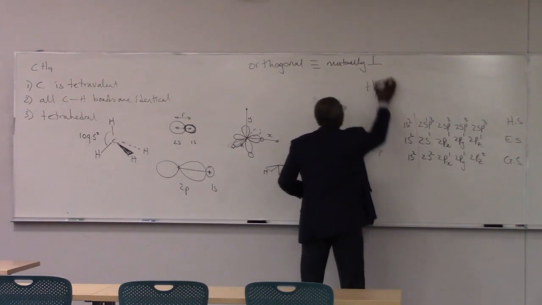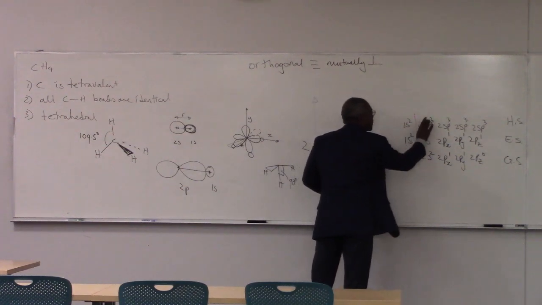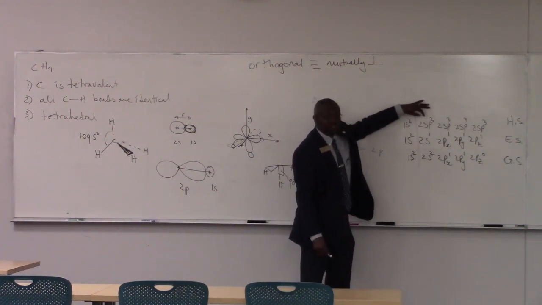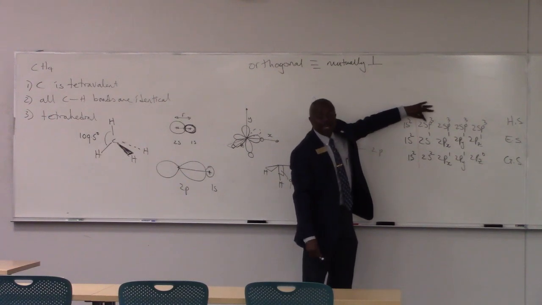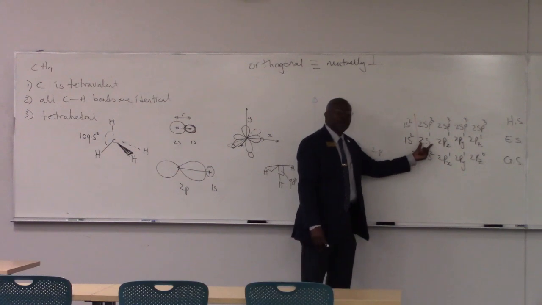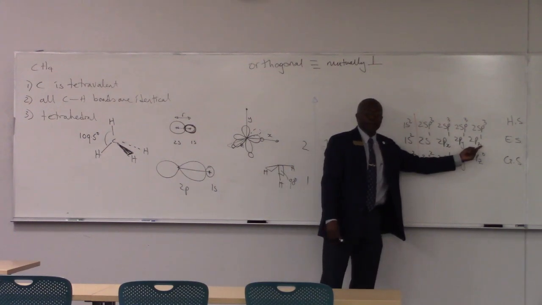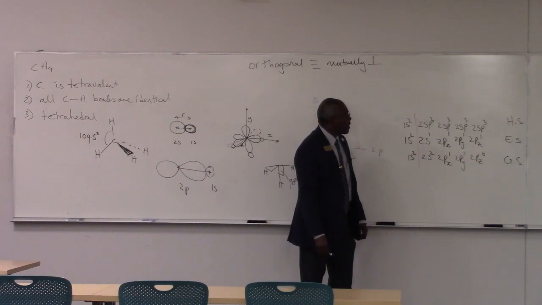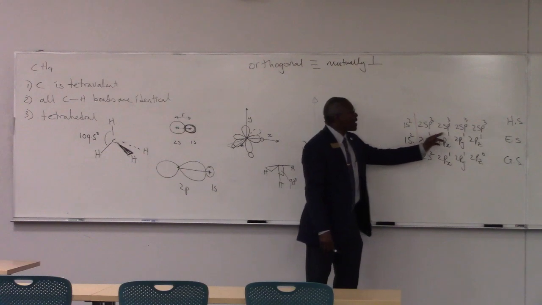So I will ignore this 1, and what this tells me is that I have orbitals that have 1 part s and 3 parts p. Of course they do. I mixed 1 part s and 3 parts p. Okay? Now, where are my electrons?